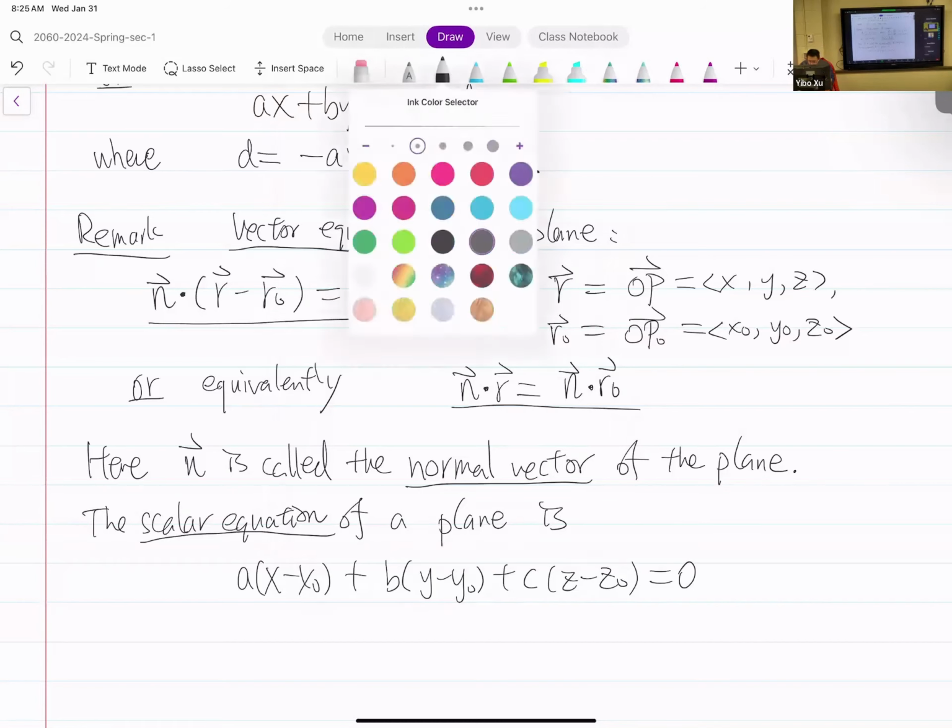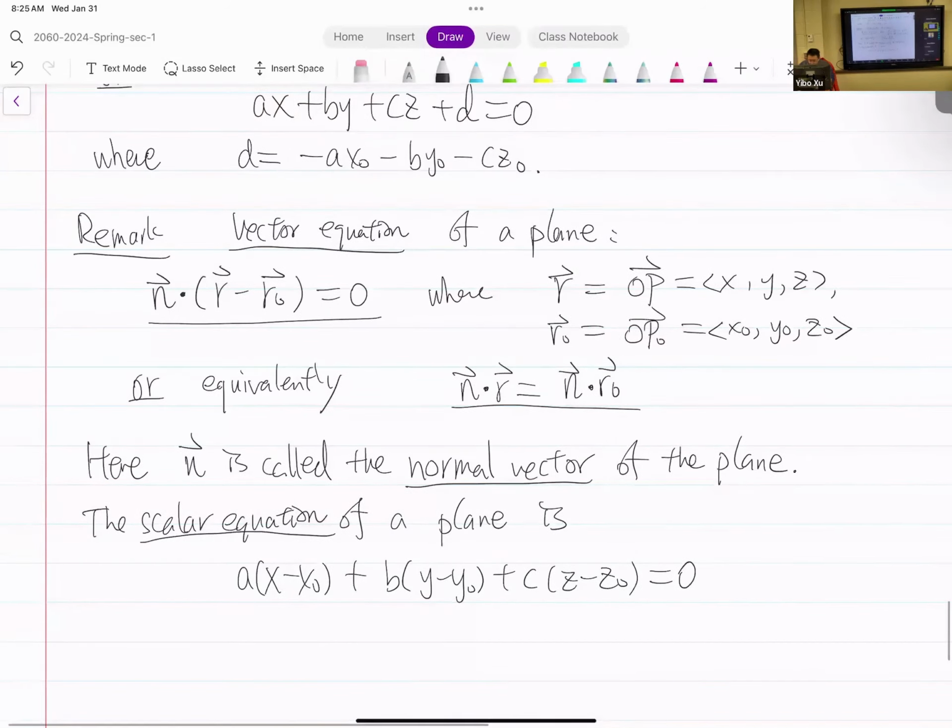And they also have another name for the top equation that we see on this screen. They call it the linear equation. Let me write it down.